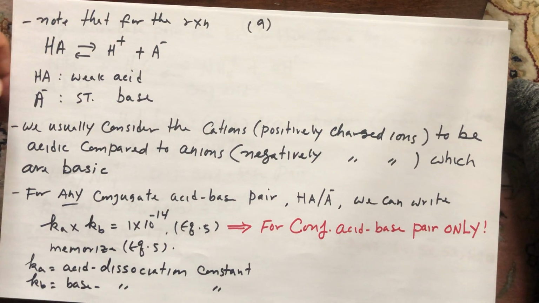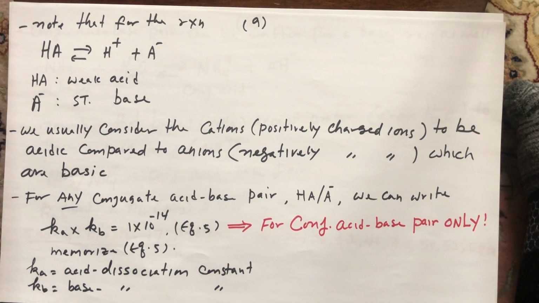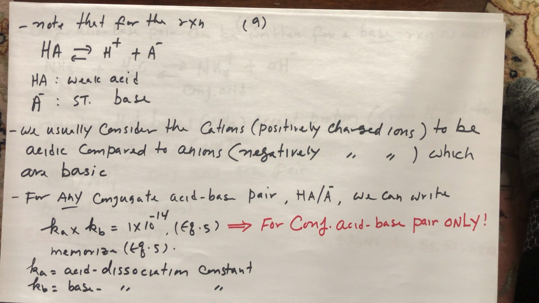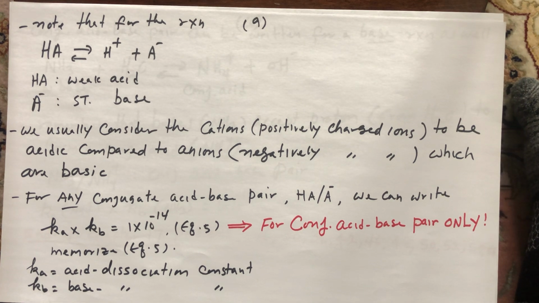We will talk about this shortly on this lecture slide: HA is the weak acid, A minus is the base that is formed from the weak acid, but by contrast, it's typically a strong base. So if HA is a weak acid, it loses the proton, the H plus, to form A minus, but the A minus that is formed is now a strong base. Let's keep that in mind.